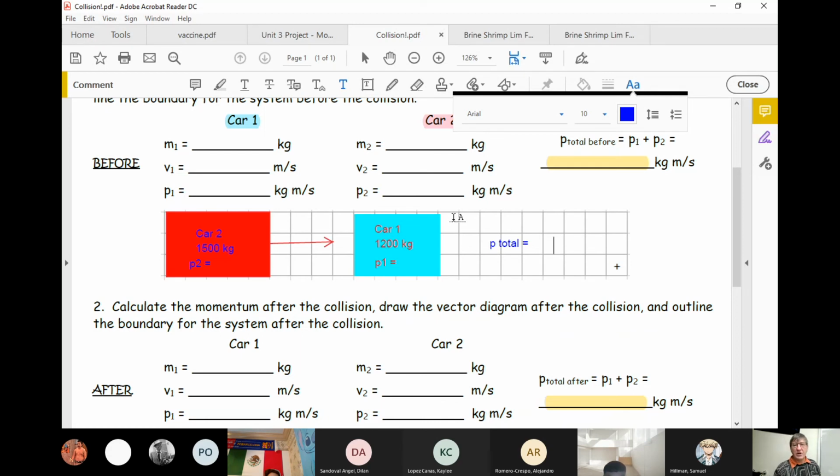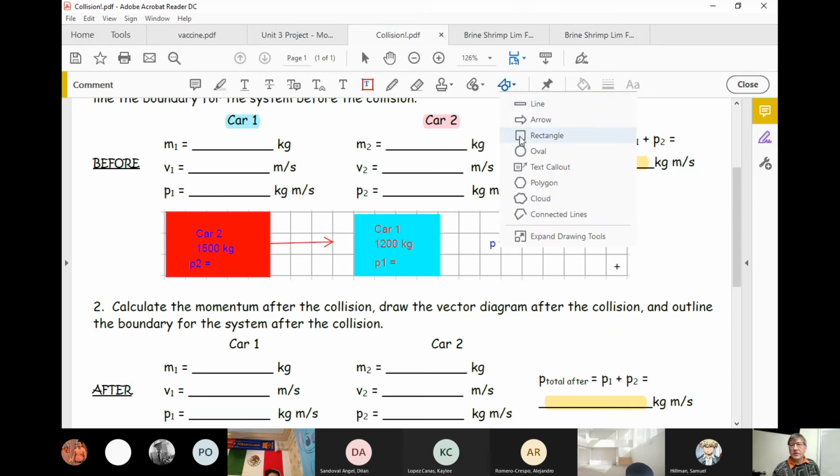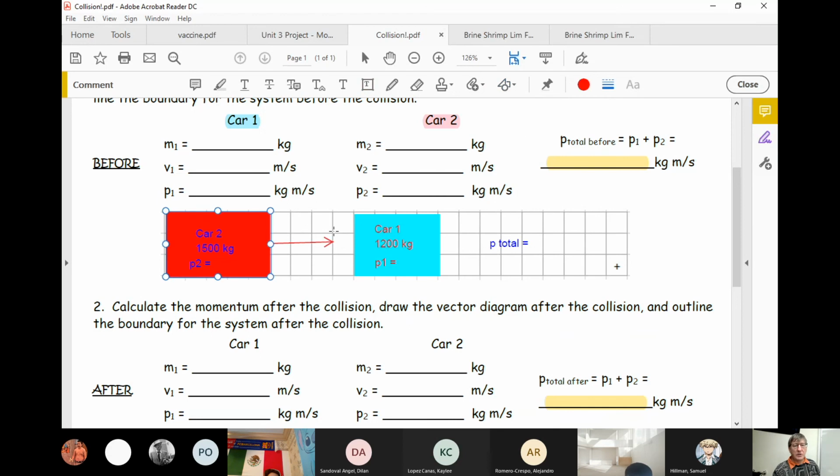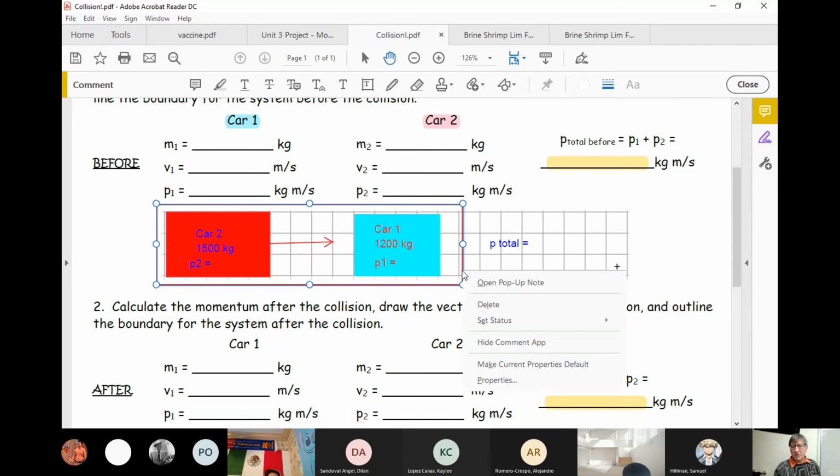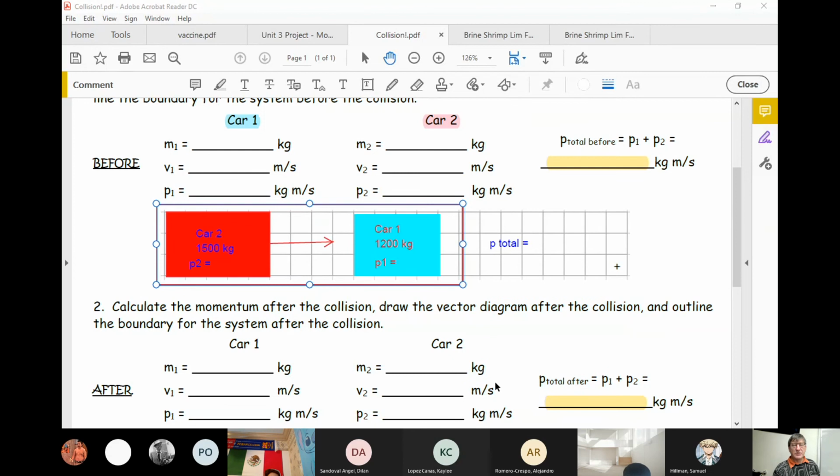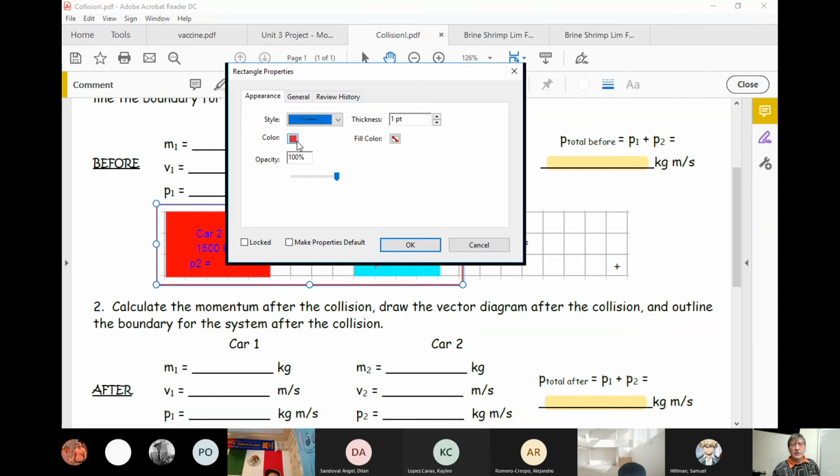The one thing that I was almost forgetting to do is drawing the boundary of the system. So I need to make a box that's a little bigger than the space that these are in. And to make this show up, I'm going to change its color just so it's a little different. I'm going to make it green.